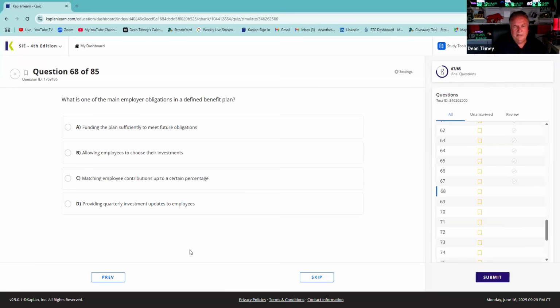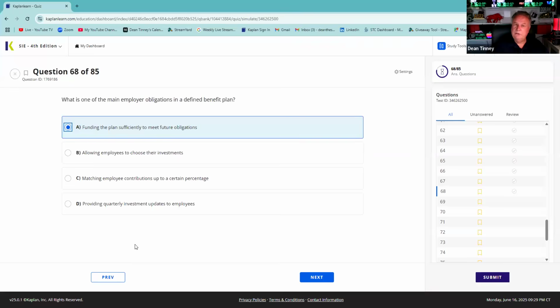What is one of the main employer obligations in a defined benefit plan? That's the big difference, right? B would be defined contribution, not defined benefit. C would be defined contribution, 401k-like, and we don't have to provide quarterly updates.